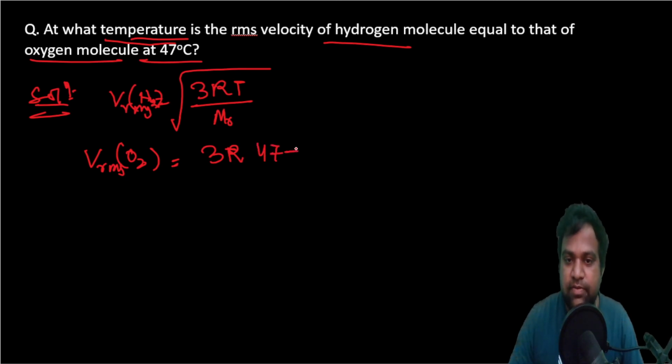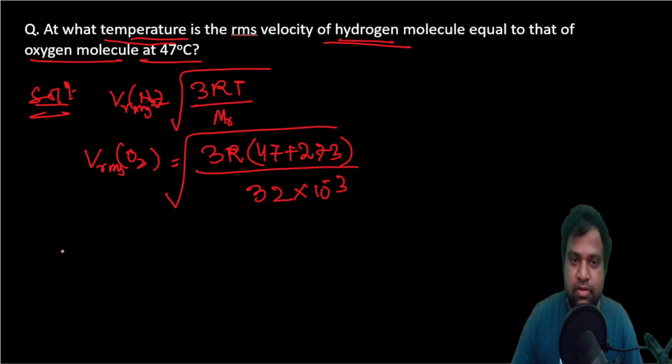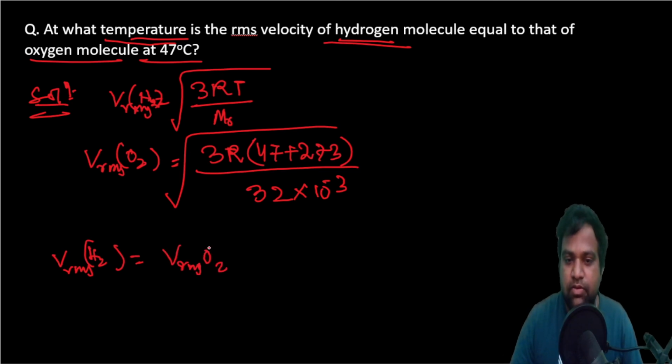So 47 degrees means 47 plus 273 Kelvin, and the molecular mass of oxygen is 32 gram, or in kg, 32 into 10 to the power minus 3. Now as per the question, the RMS speed of hydrogen is equal to that of oxygen, that means Vrms of H2 is equal to Vrms of O2.